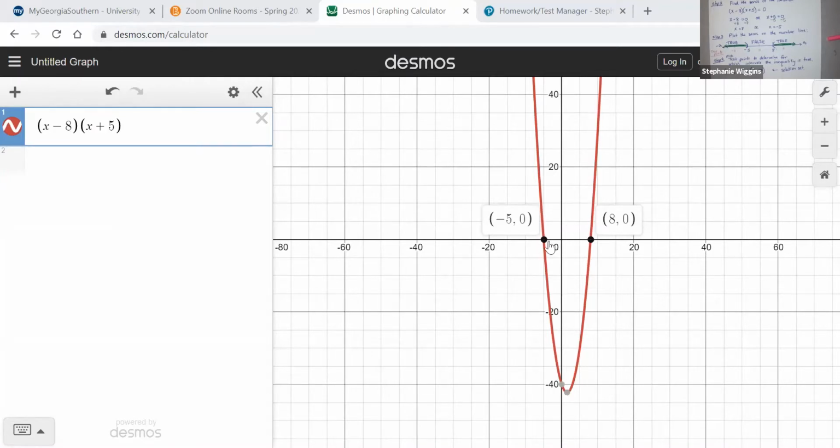The x values are the where the function is doing what it is doing. So here it's positive, and where is it positive? From minus infinity to -5, and over here from 8 to infinity. So the where are x values. In my experience in teaching this, a lot of times students have trouble sorting that out.